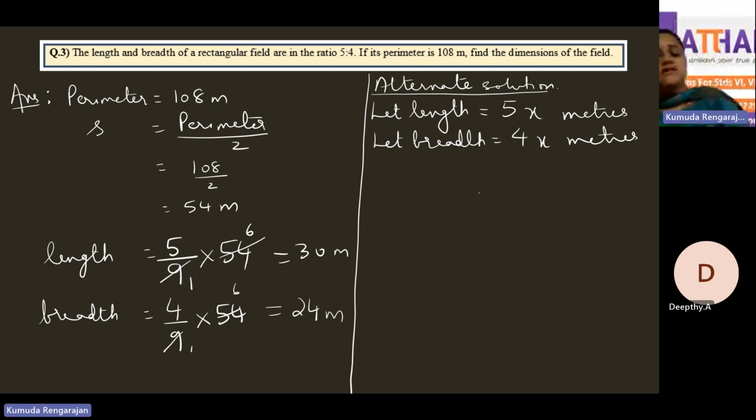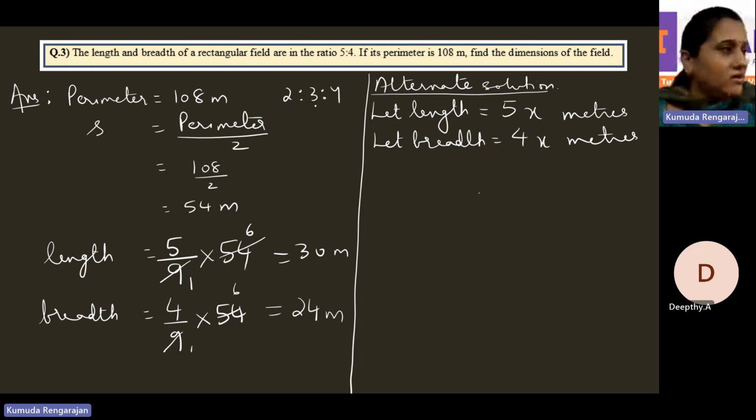Supposing you have a ratio like 2:3:4, for three sides of a triangle, we say let the first side be 2x, second side be 3x, third side be 4x. Or you can even say 2y, 3y, 4y, or 2a, 3a, 4a, any small letter from the English alphabet from A to Z.